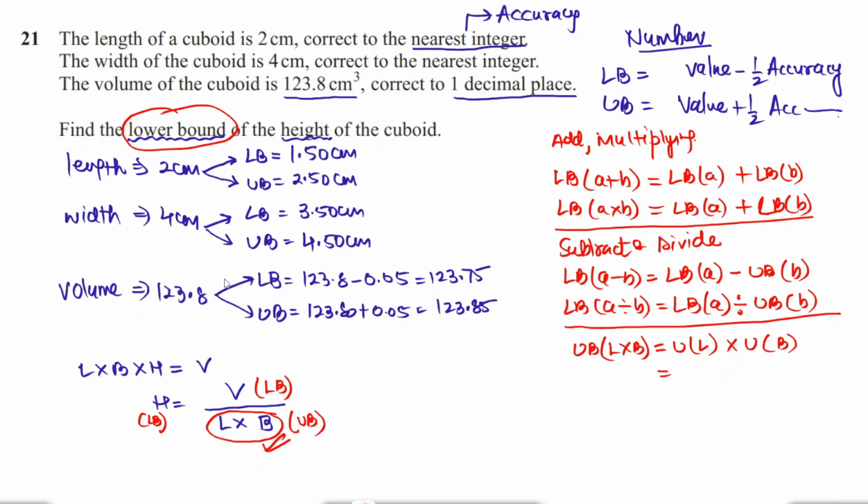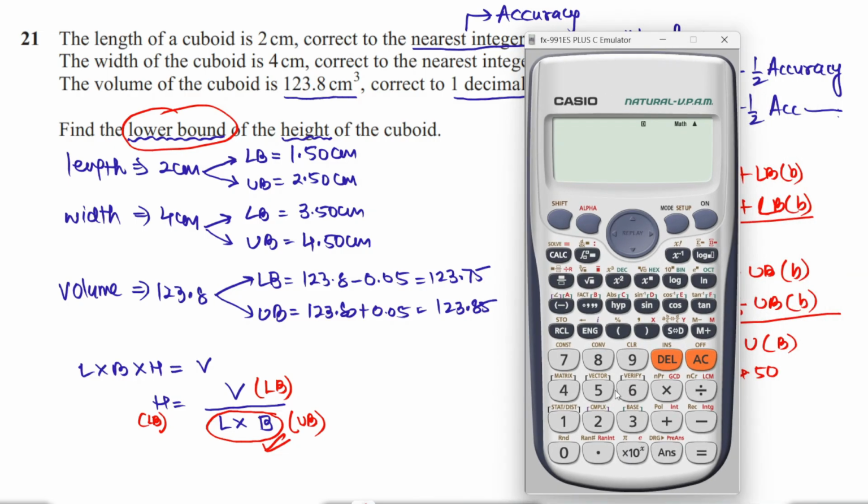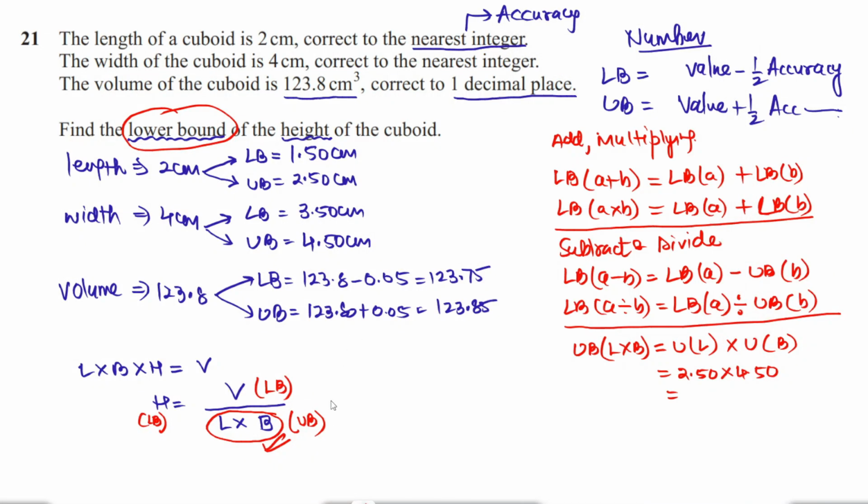So what is upper bound of L here? That is 2.50. And what is the upper bound of breadth, the width here? That is 4.5. So if we multiply these, 2.5 multiplied by 4.5, we got here 11.25. So the upper bound here is 11.25.